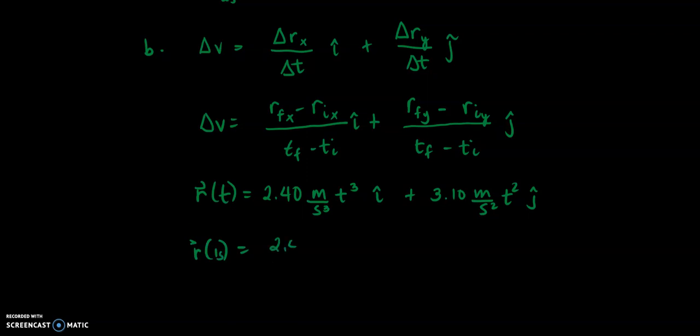Okay, that is 2.40 meters per second cubed times 1 second cubed, i hat, plus 3.10 meters per second squared times 1 second squared, j hat.